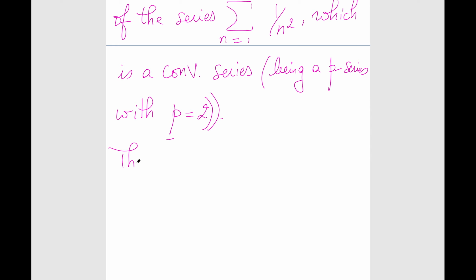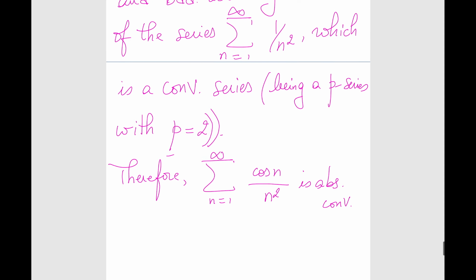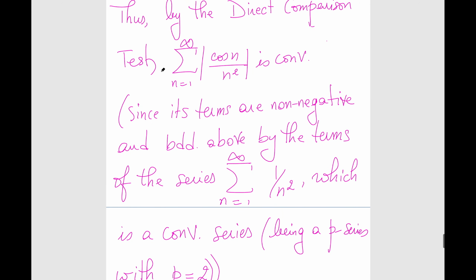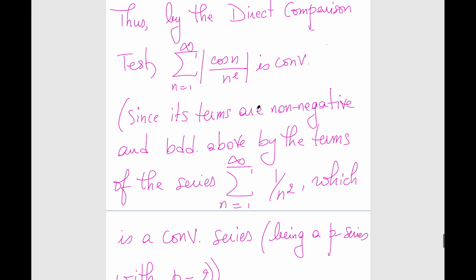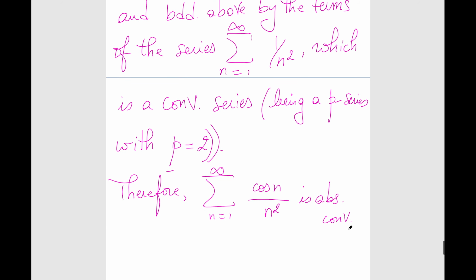So therefore, the series whose terms are cosine n divided by n squared is absolutely convergent because we just showed that the series whose terms are the absolute value of the terms of the original series is convergent. That's what we showed. As such, this is absolutely convergent.